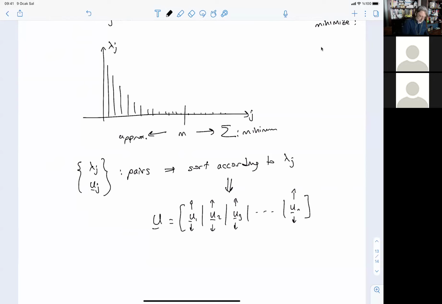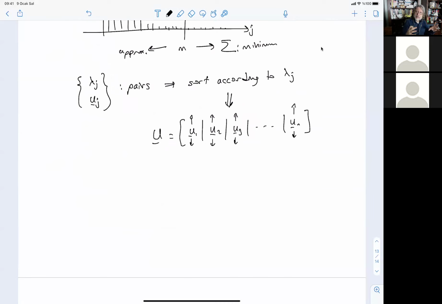So this will be your U matrix, the basis, and the transform will be U inverse. As simple as that. So this will be equal to the Karhunen-Loeve transform that you will get, which rolls back to our original question.